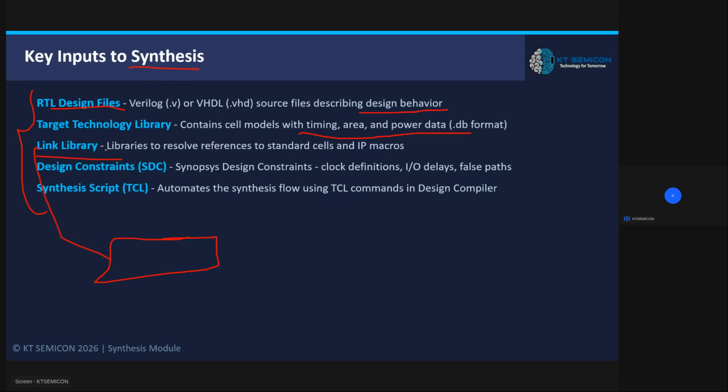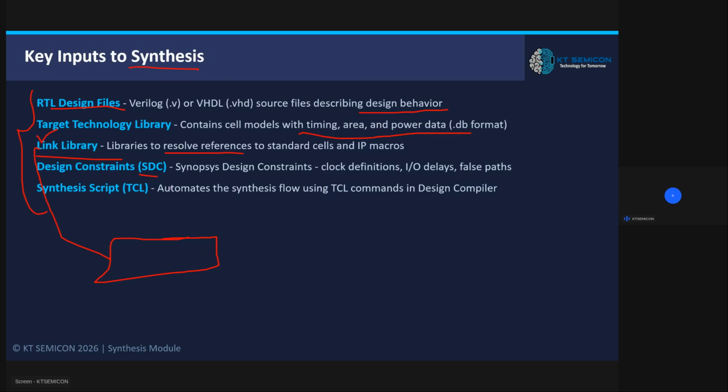If we have not linked the library, it will throw errors as unresolved references, which means we are using the particular cell, but the tool won't know the behavior of that cell. When we link the library, it will resolve the references, and the tool also knows the complete behavior of the cell. Understand?